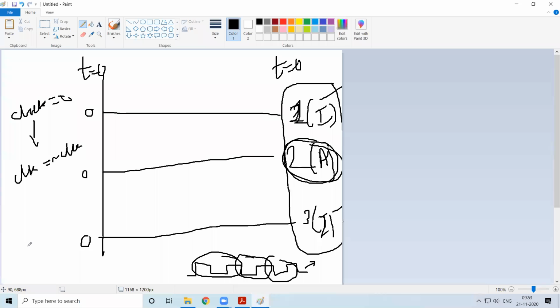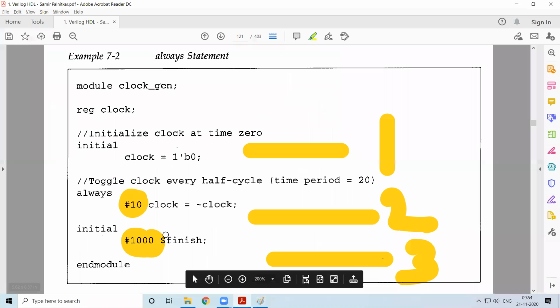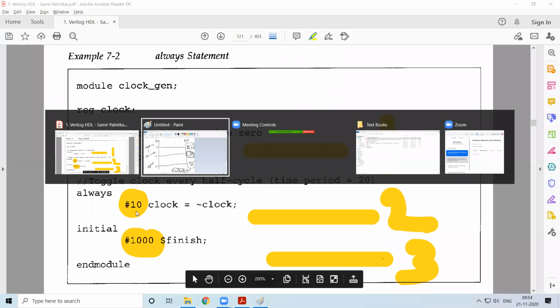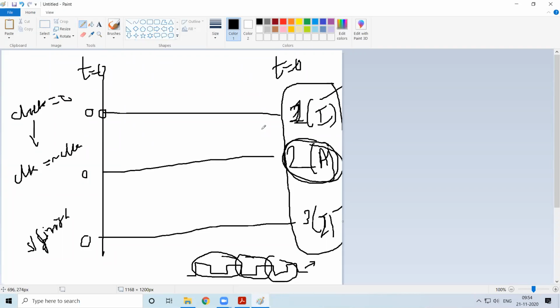And lastly, you are specifying hash finish. Now if you do not specify this delay, at time t equal to 0 all will be starting. At time t equal to 0, the clock will be assigned 0, but at the same time there is the toggling of this clock. So now there will be ambiguity.